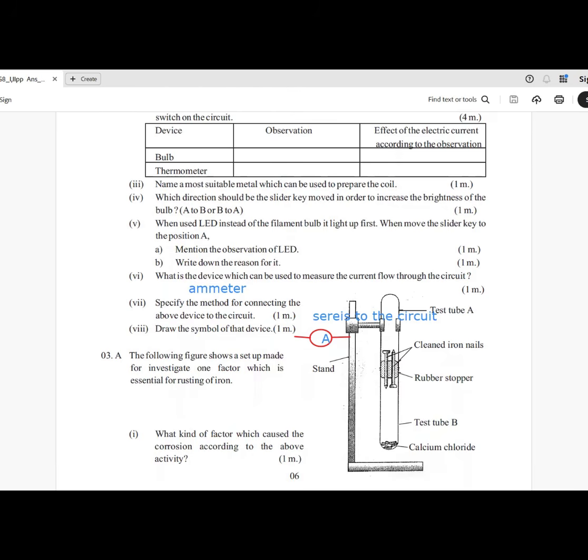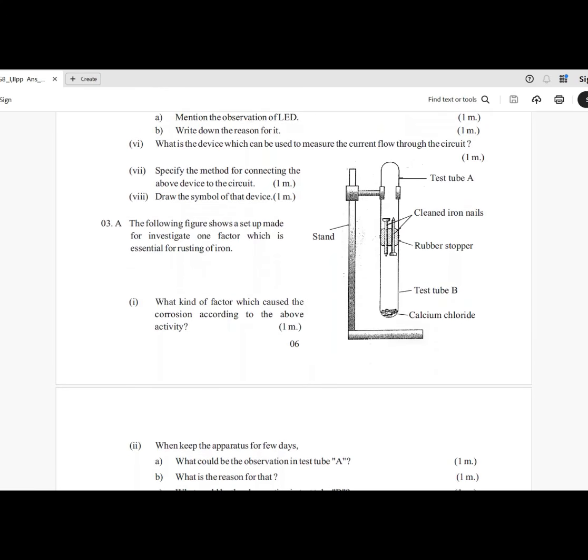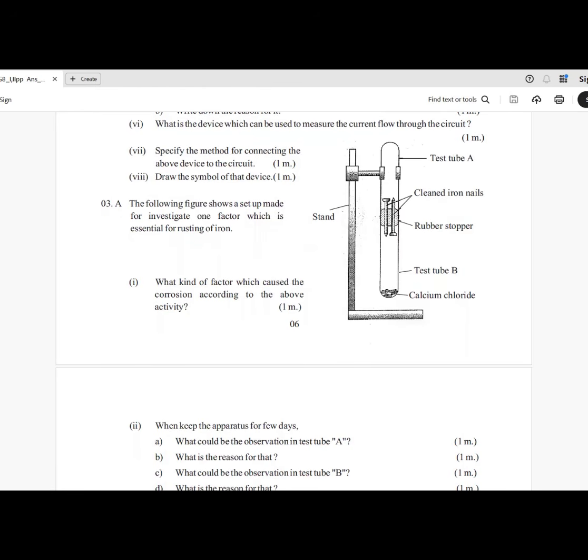Question number 3, A part. The following figure shows a setup made to investigate one factor which is essential for rusting of iron. What kind of factor caused the corrosion according to the above activities?